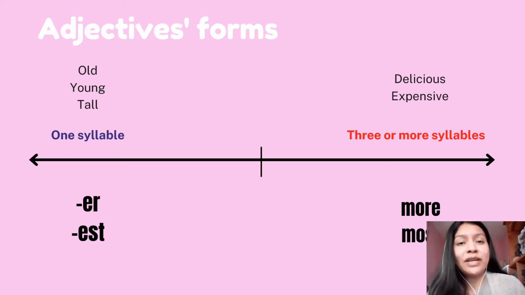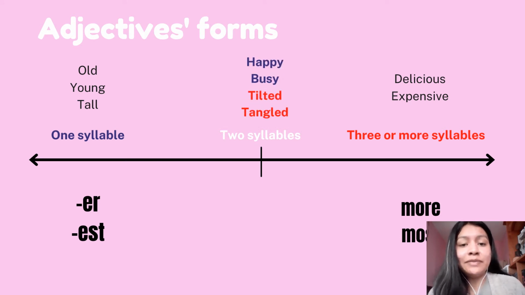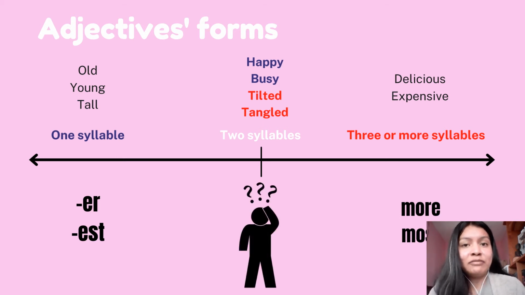It is important to mention some exceptions from now on, like two-syllable adjectives, which could be happy, busy, tilted, or toggle. You might be wondering which group these adjectives belong to, and it depends on the adjective.